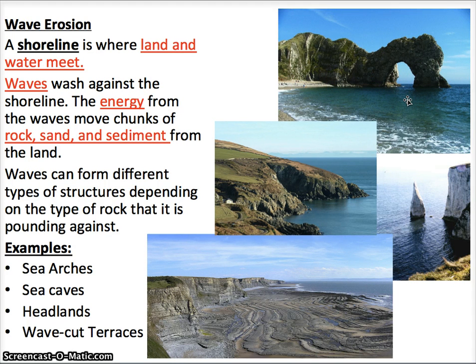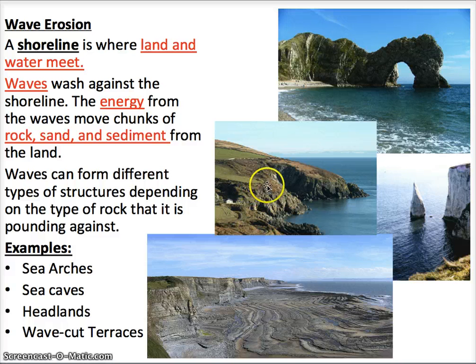And waves can form different types of structures depending on the type of rock they're against. So here are some examples of different structures that waves have produced. This is a sea arch. Sea arches form because waves are pounding against this rock, and this part of the rock was softer than the outer part, and therefore it produced a sea arch. This picture represents a headland.